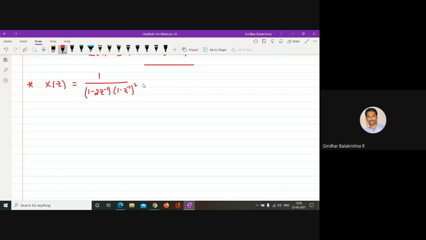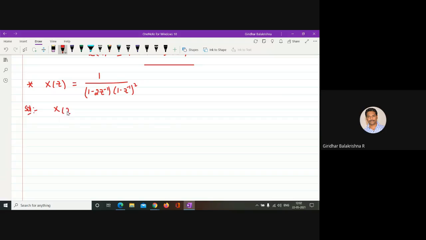What is the first step? X of z should be in terms of z only.